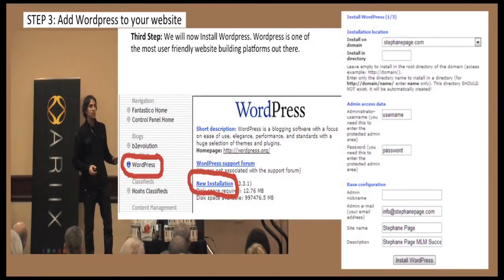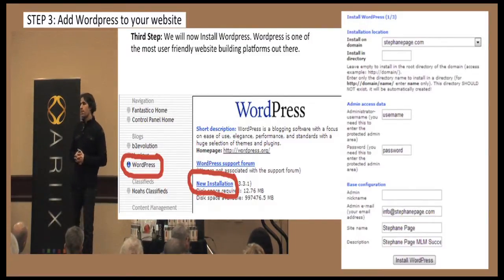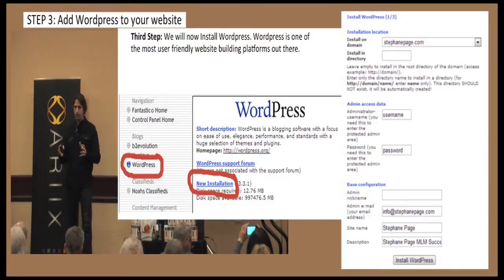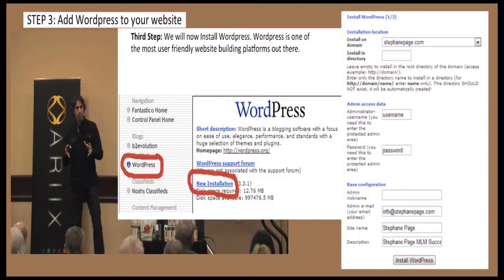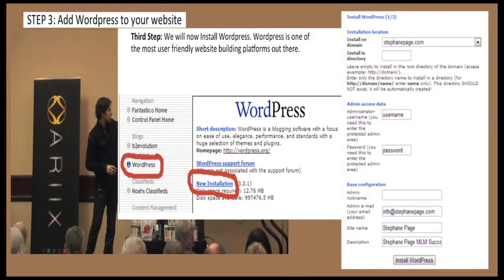Step number 3 is you install WordPress. All right, WordPress is like the software, probably the equipment of your website, like the computer. And you install it so that your website functions properly. That's what WordPress is, okay?